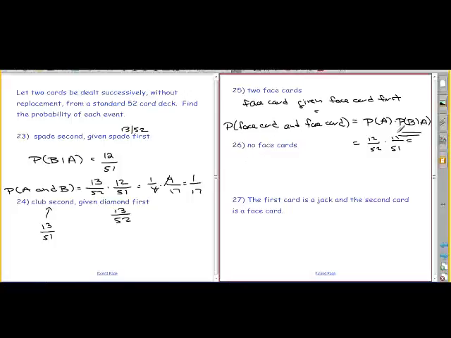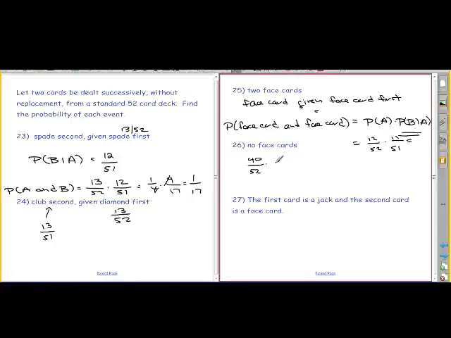Now for no face cards, you might think, oh, is that going to be 1 minus the probability of getting 2 face cards? That's not true, because you can get 1 face card the first time and not the second time. What you would do here is ask how many cards in the deck are not face cards. It's going to be 40, because 12 are face cards, therefore 40 are not.